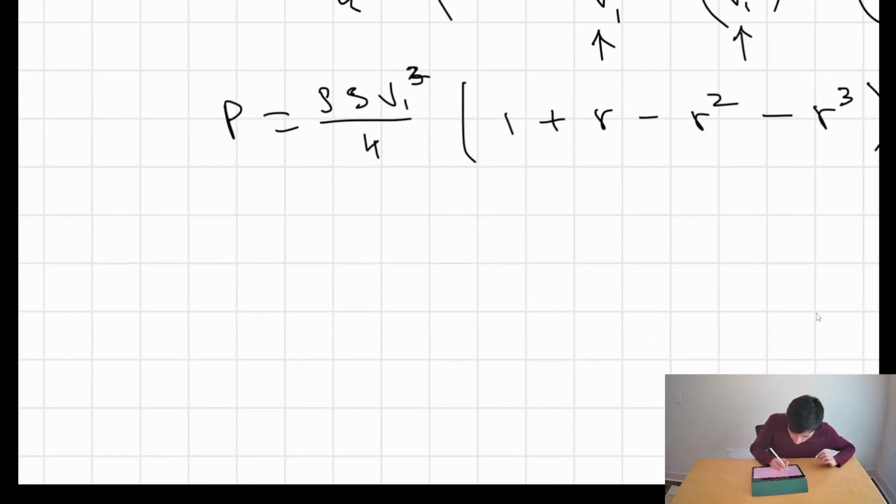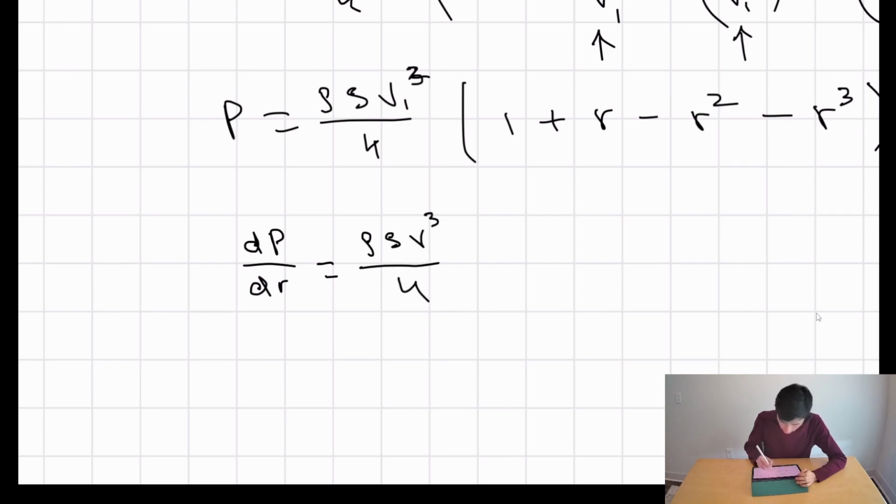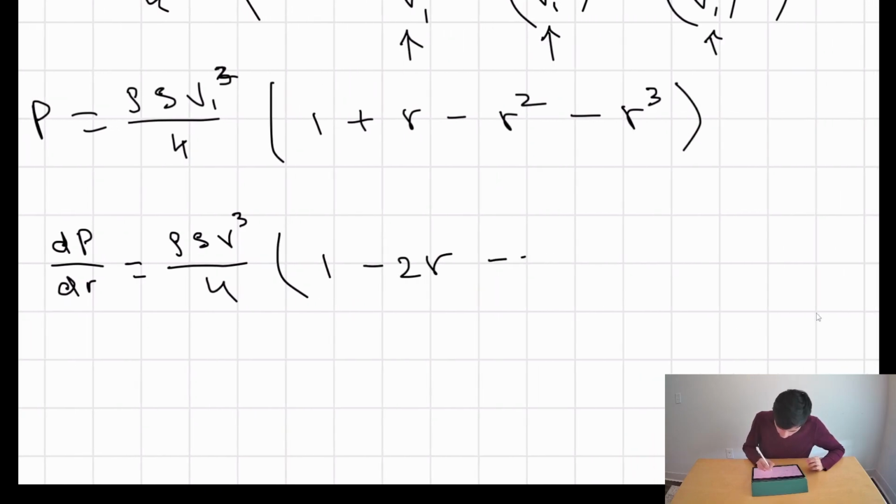So what we're going to do is take a derivative of power with respect to R, and we're going to have rho s cubed. This is going to be the constant, and here it's going to be 1 minus 2R minus 3R squared, right?